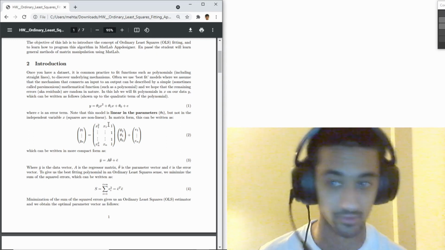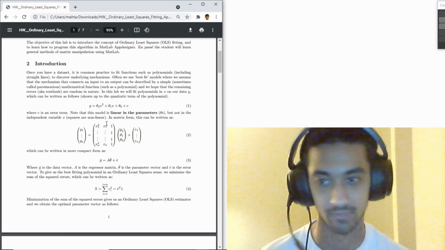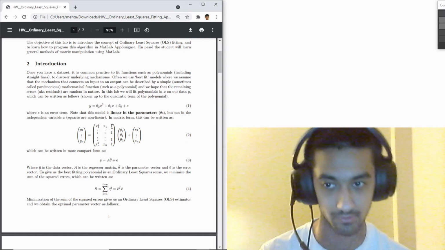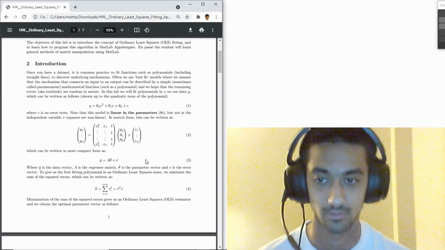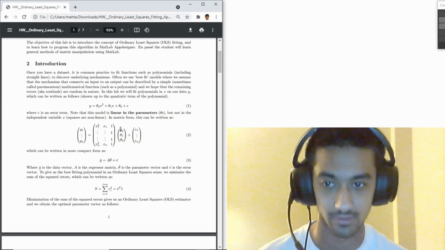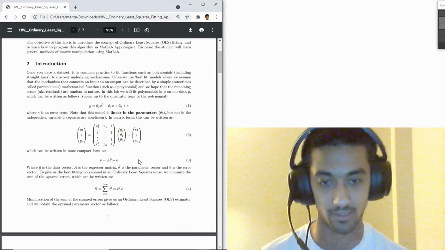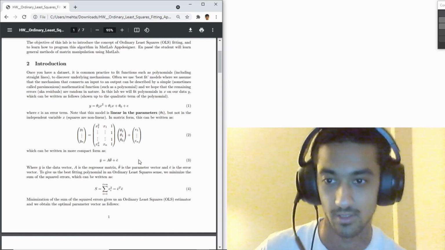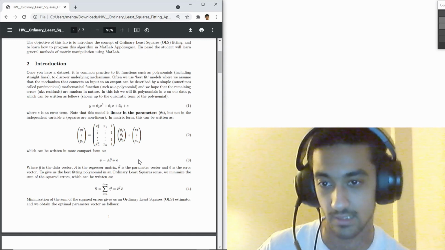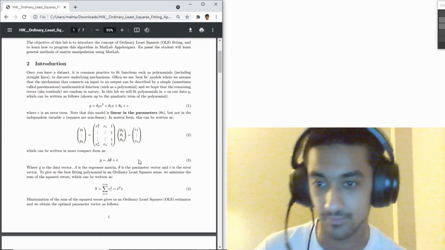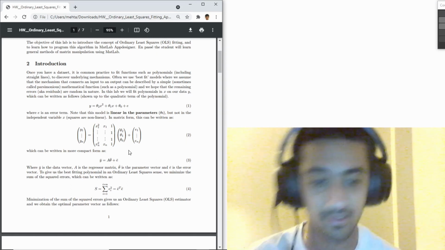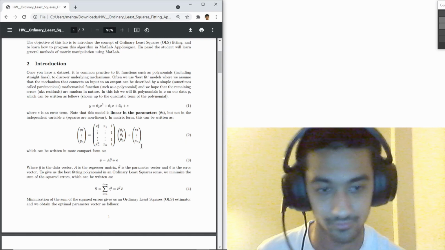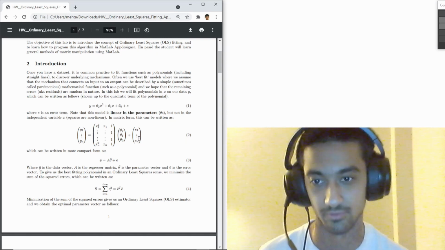So we have on the right side x to the 0, which is 1, then x to the 1 and then x squared. And then we have the theta matrix, and these represent the parameters which ultimately will tell us what the fit is by its coefficients. That has as many rows as the number of the order. And then we have our error matrix, and that has the same as the number of points.